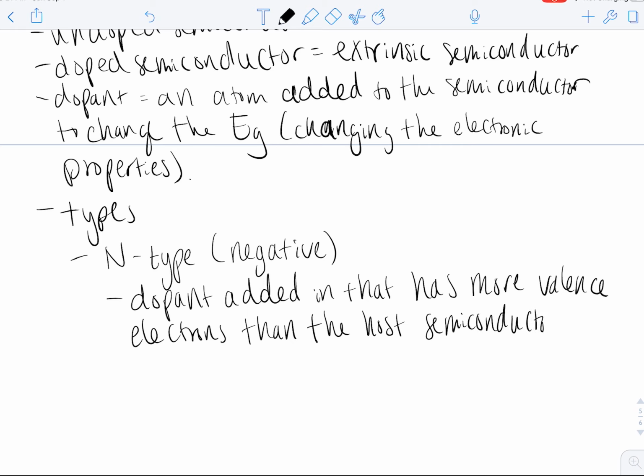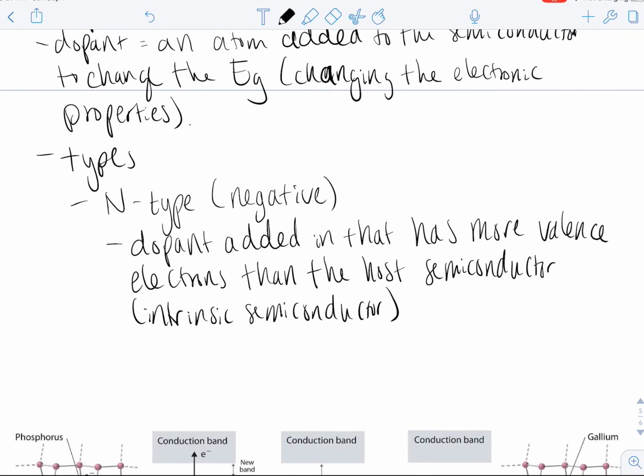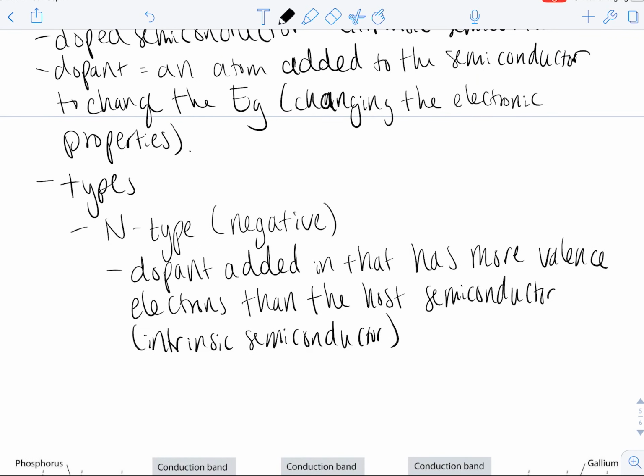The host is the thing you're doping into. Here we have more electrons, and when we add more electrons in, we add a donor level into the conduction band.